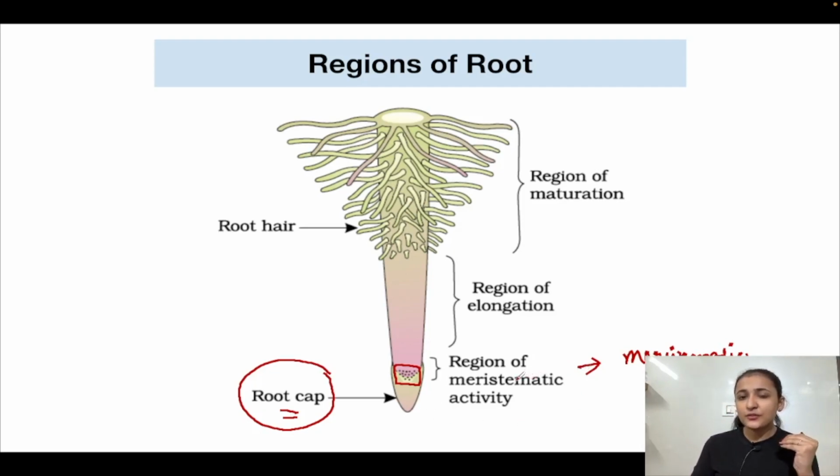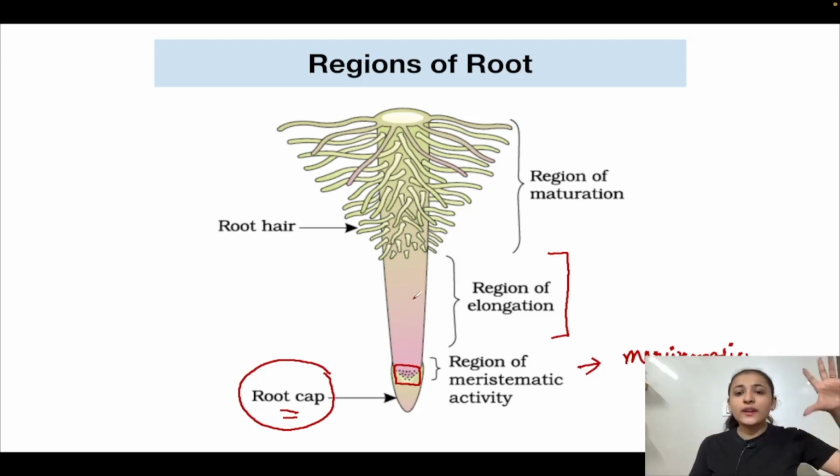Proximal to this region, that is above it, is present the region of elongation. The meristematic cells that have divided rapidly enlarge and elongate here. This gives rise to the length of the root, which grows because of the elongation of these cells.